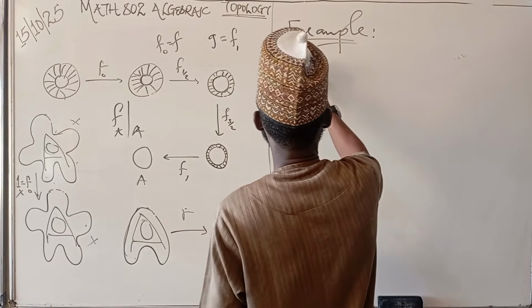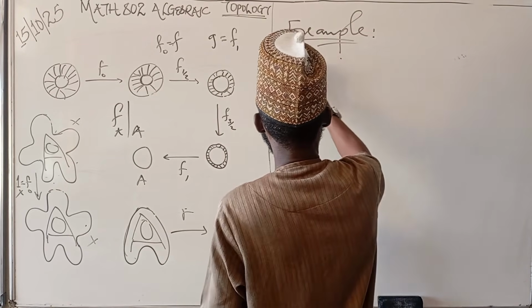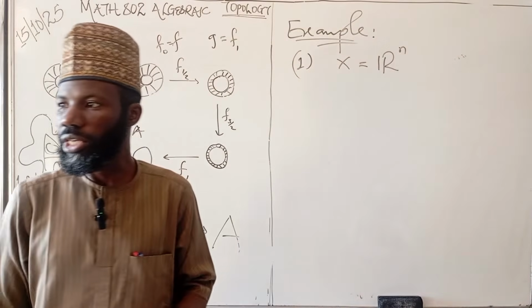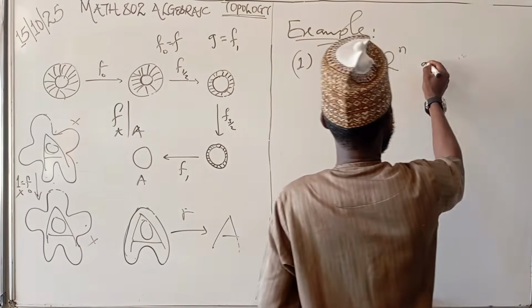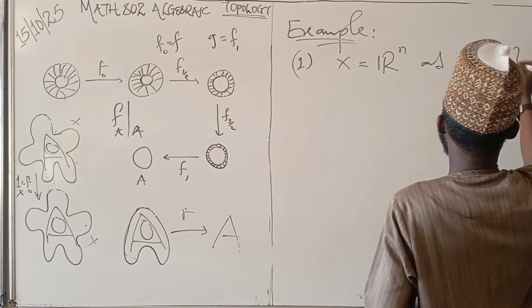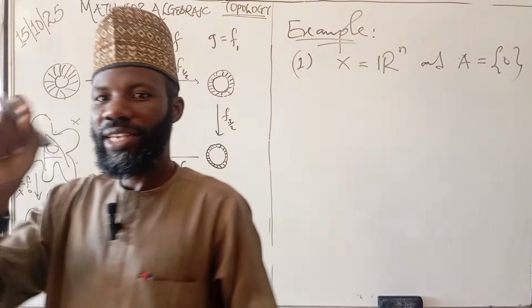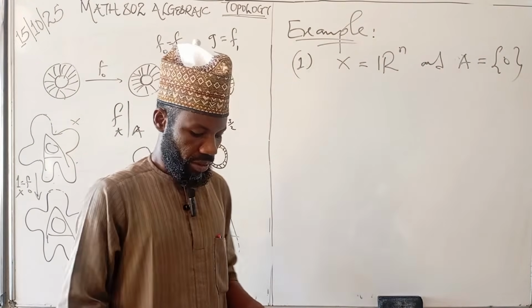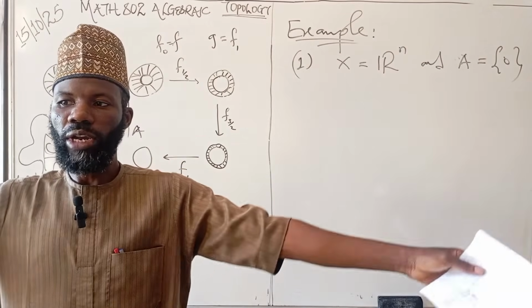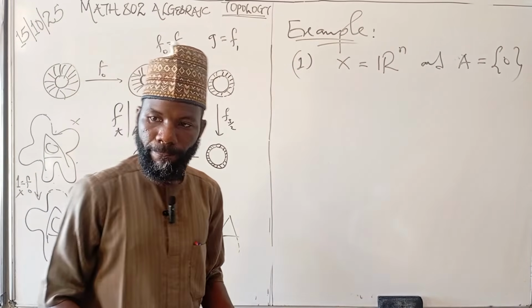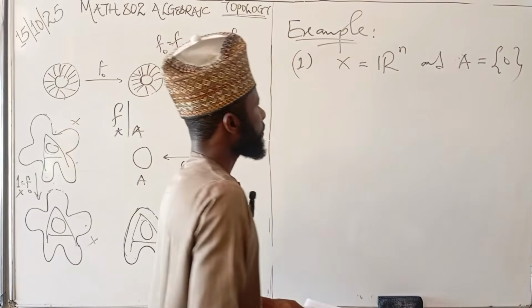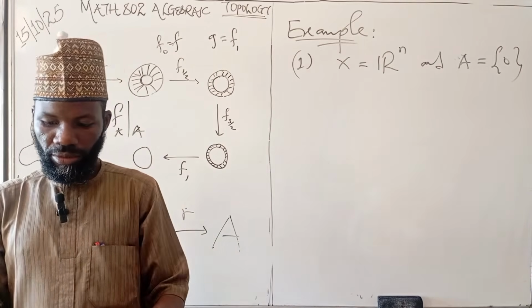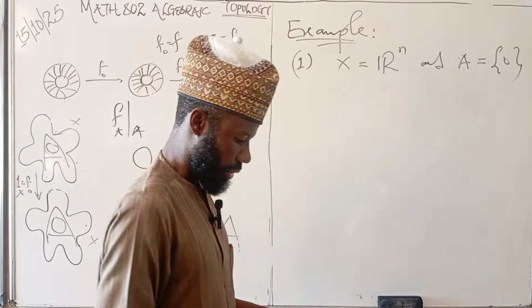For example, if you take X to be the space Rn, the n-dimensional Euclidean space, and A, the subset of the n-dimensional Euclidean space, just a point, that's the origin. The entire space can be collapsed down to the point. So we have a homotopy that we can start from the identity and take everything down to the point.